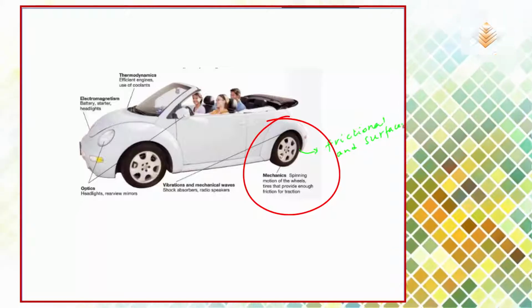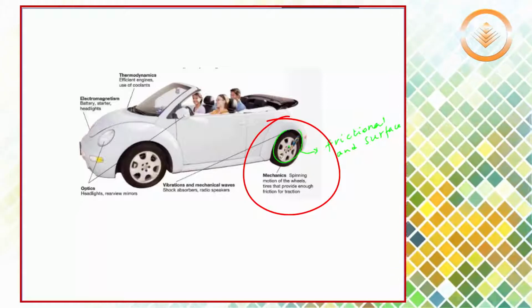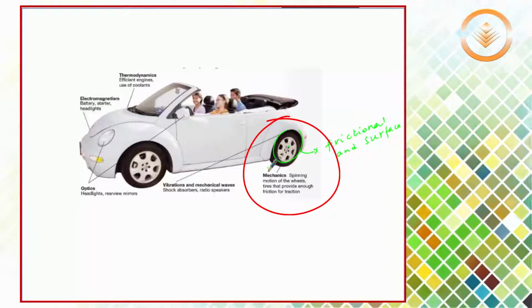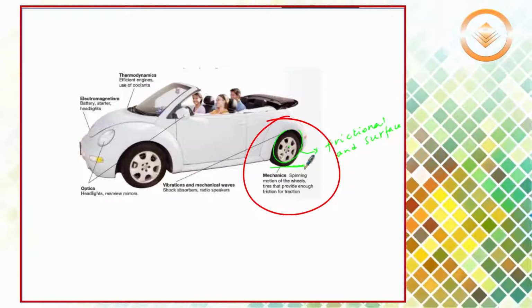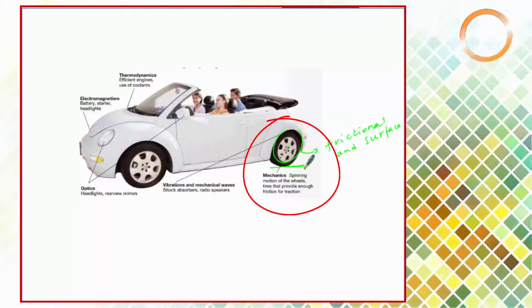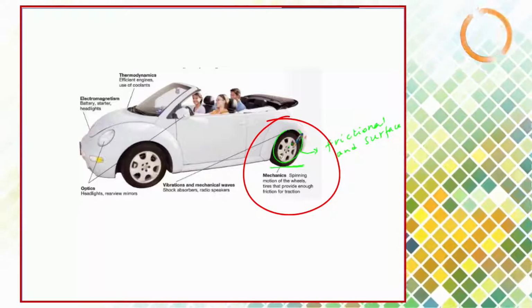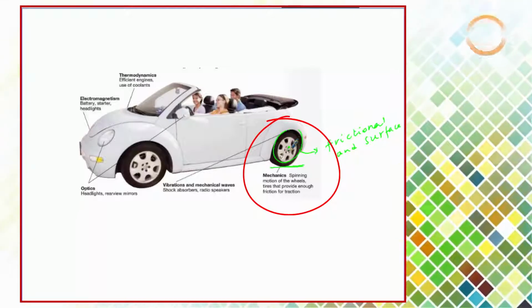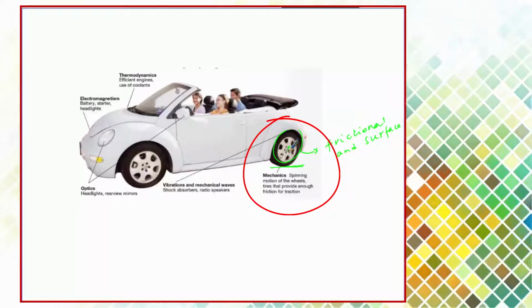This wheel cannot rotate about its axis unless there is frictional force between the tire and the surface. So it is the frictional force which is responsible for the spinning of the wheel. So this is called mechanics. Mechanics studies how this wheel spins about its axis. What makes it move forward?